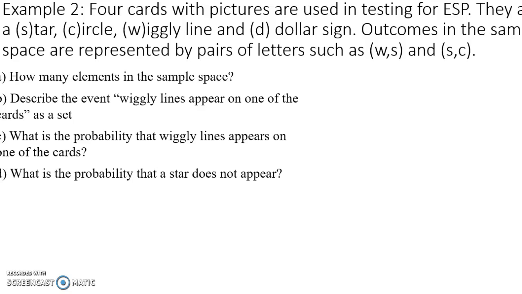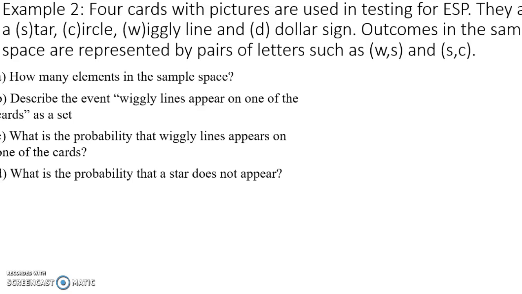Outcomes in the sample space are represented by pairs of letters such as WS, representing wiggly line and star, and SC, which would be star and circle. Now, since I'm recording this from the PowerPoint, it is cutting off some of the edges of your question, but this question in its entirety is in your in-class notes, which is also in Moodle.